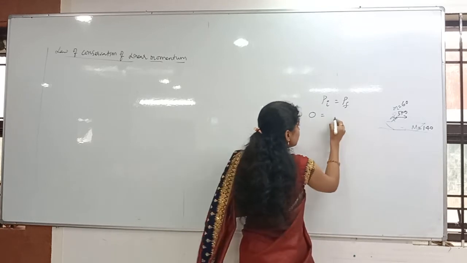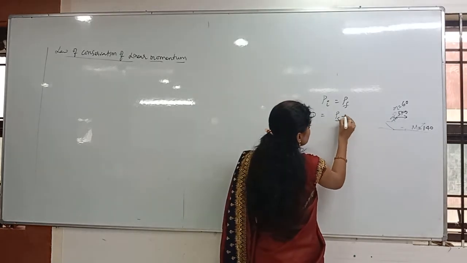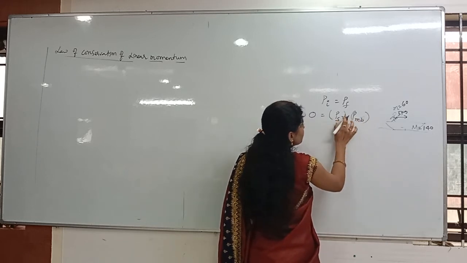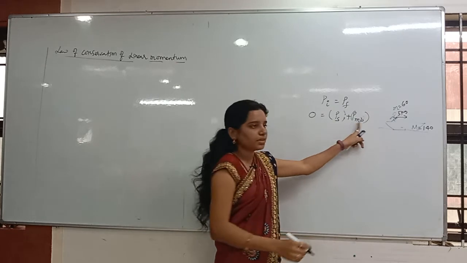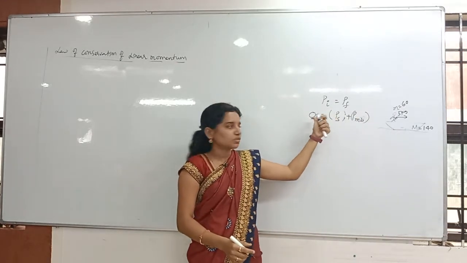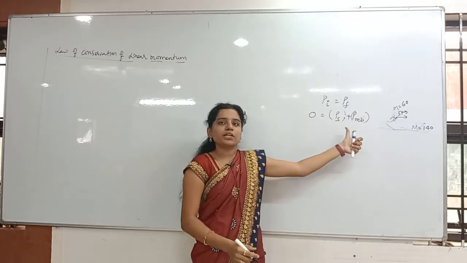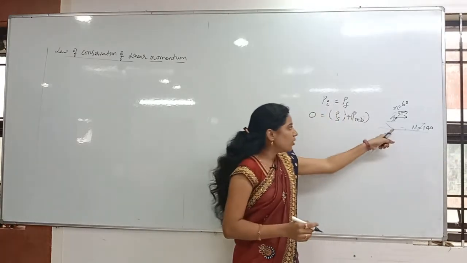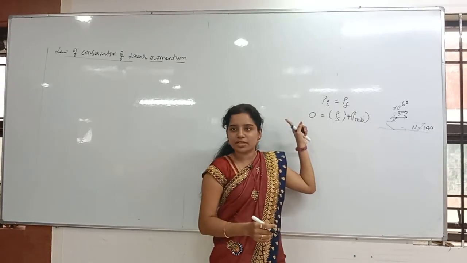So I can say momentum of the stone plus momentum of the man and boat. Initially everything is at rest, so it is 0. Finally, the stone is moving forward, and the boat and man are moving in the backward direction.